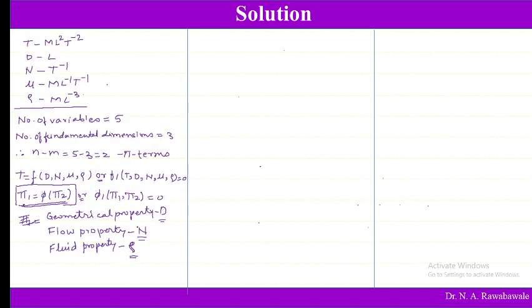So now we see here this pi1 term can be written as d to the power of a1, n to the power of b1, rho to the power of c1 and torque T. This is the first term where we include the dependent variable.